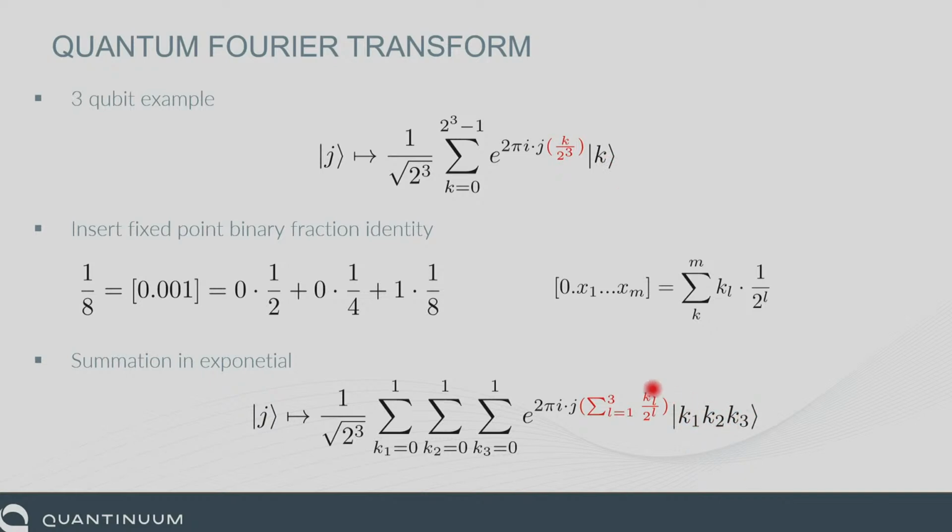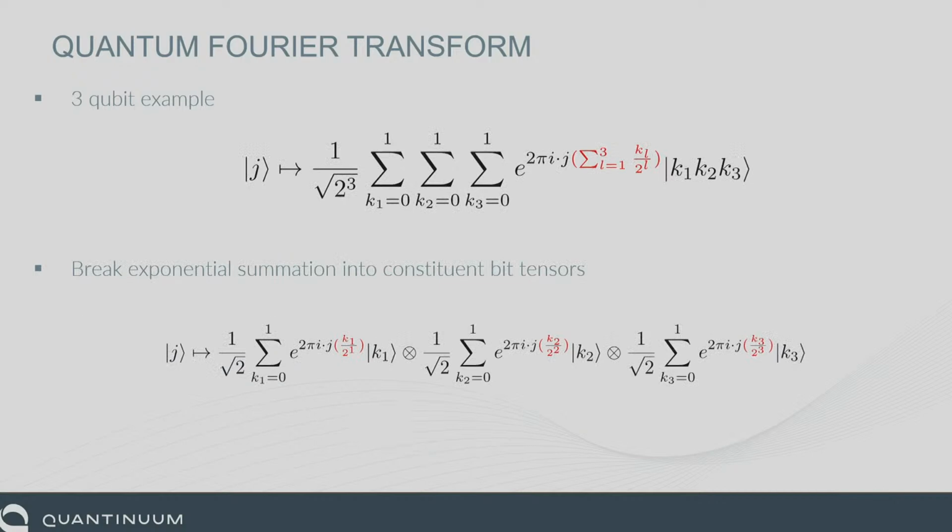Now we've got a sum of an exponential for each k_l, so it's quite natural to break this exponential up into its constituent tensor products. That's what we do now.